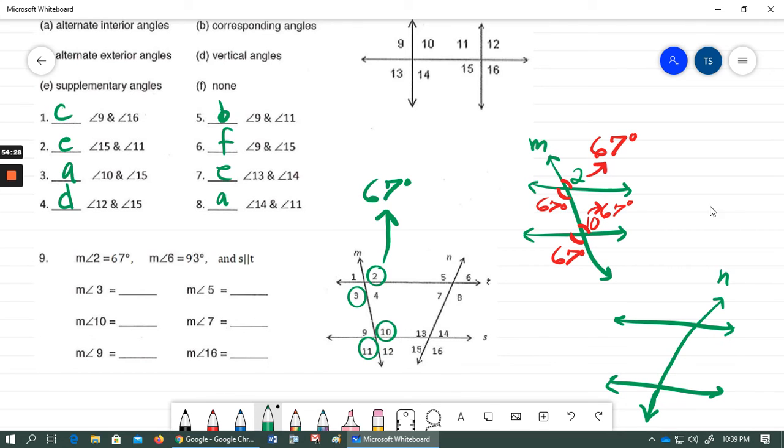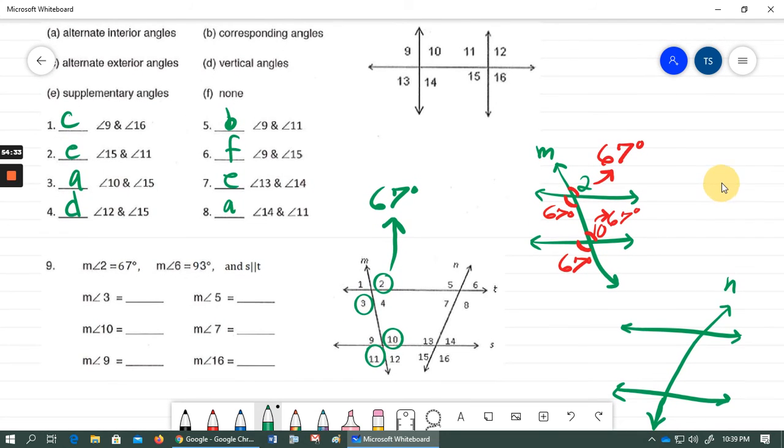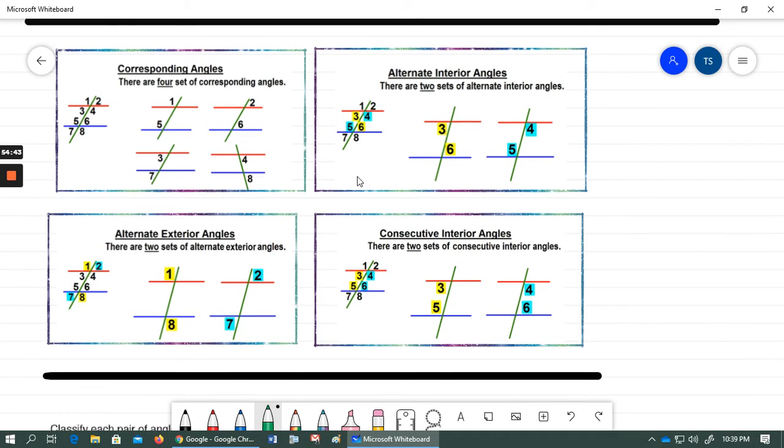Again, folks, if you still need to make sure that you know how to identify these types of angles, if you still don't get what I mean when I say that angle 2 and angle 10 are corresponding, then I think you've got a little bit of studying to do, because I've got more than enough information in these videos to help you figure out and learn this.